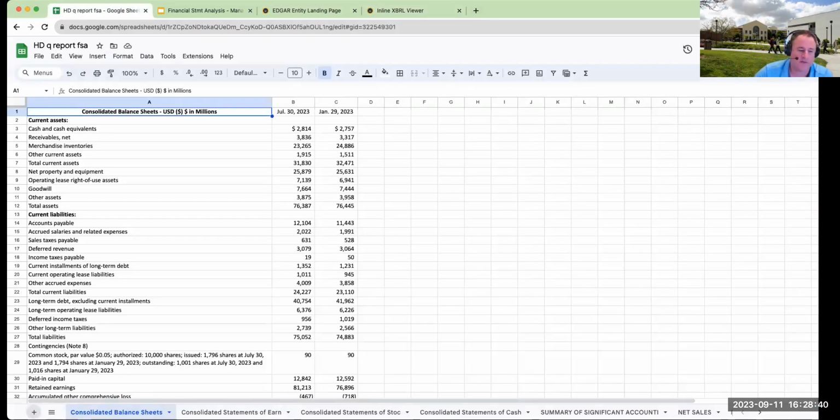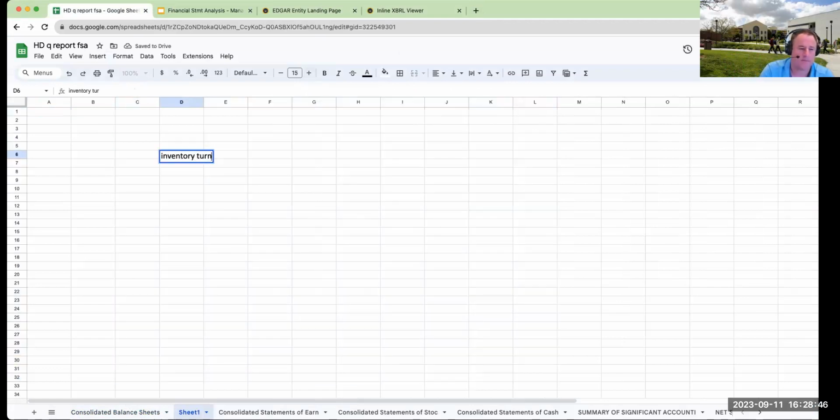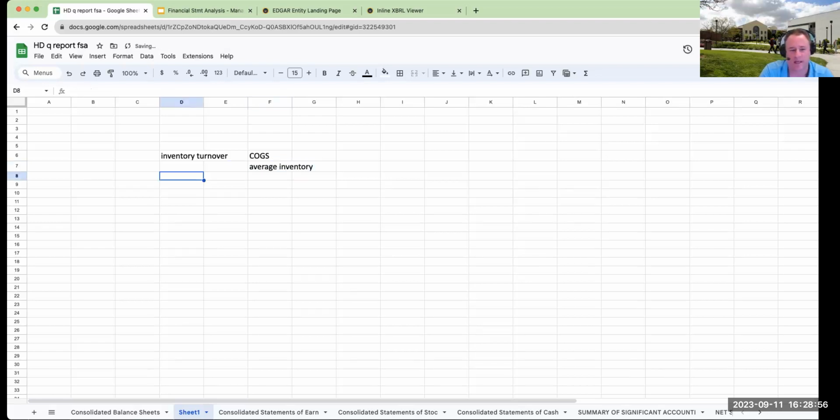Inventory turnover is my cost of goods sold divided by my average inventory, which is my beginning plus my ending divided by 2.